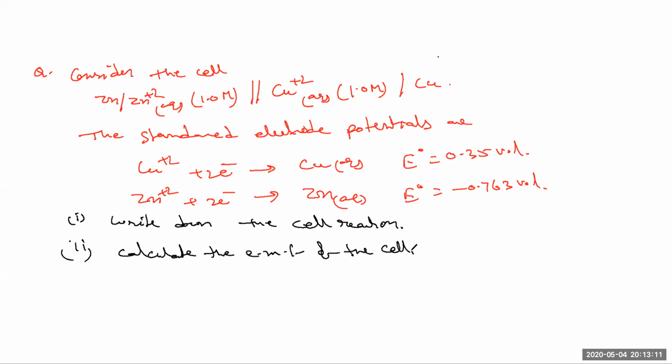How to write the cell reaction? Simple: oxidation half cell, reduction half cell, both are combined. By cancelling the electrons on both sides, we'll get the total cell reaction. After that, by using the standard E0 values, we can calculate the total EMF of the galvanic cell.